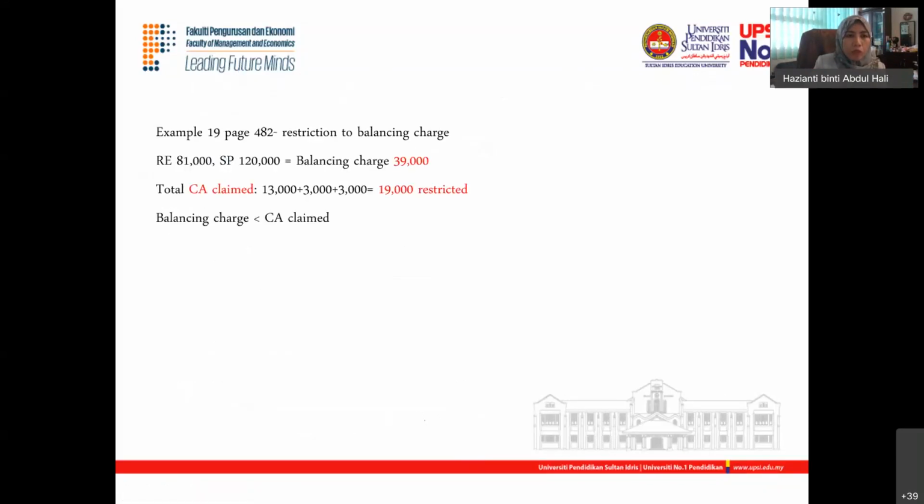Sekejap saya tengok ada contoh tak balancing charge. Let's see apa yang ada kat sini. Oh, panjang pula soalan ni.